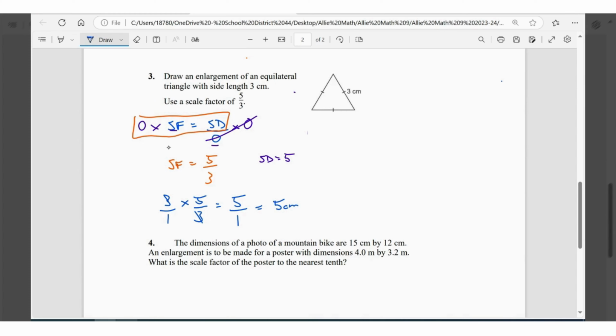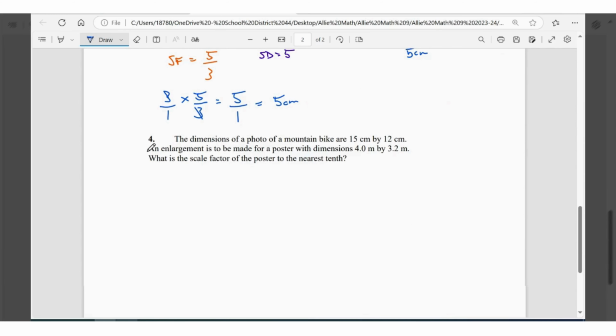And that is what we also got just by thinking about it reasonably and logically. Now I'll try to draw a perfect 5 centimeter equilateral triangle, something like that. Okay, and then let's do this last one.